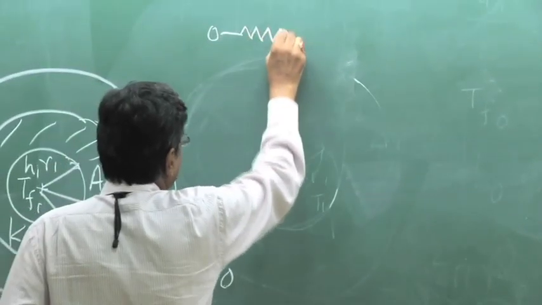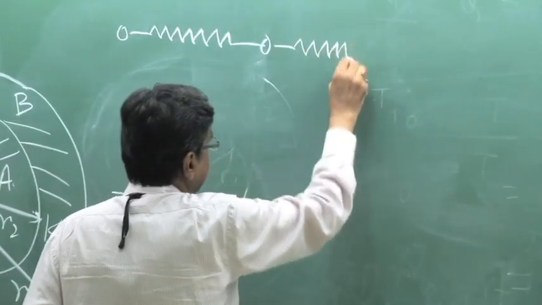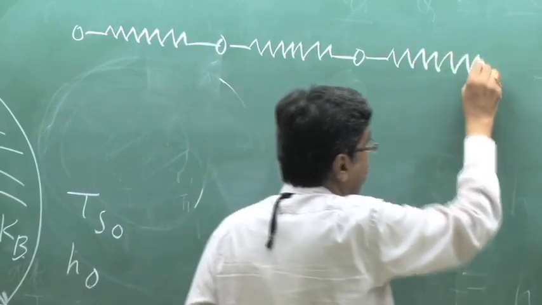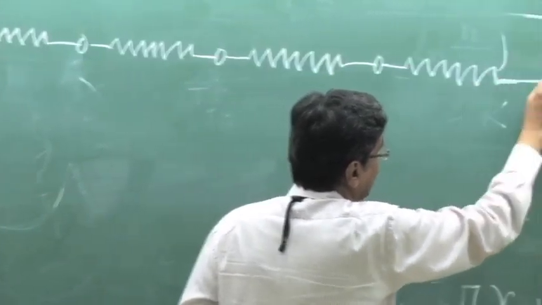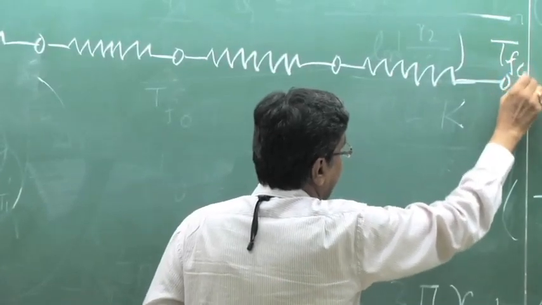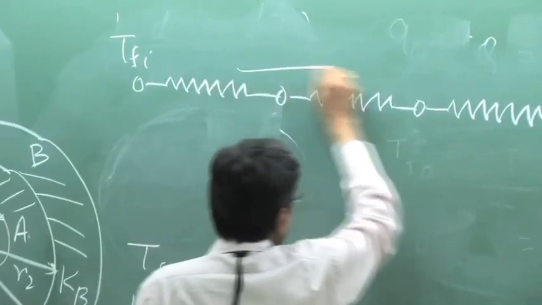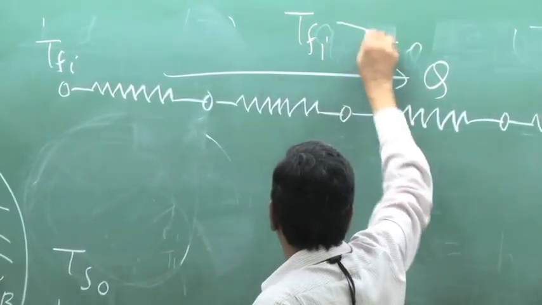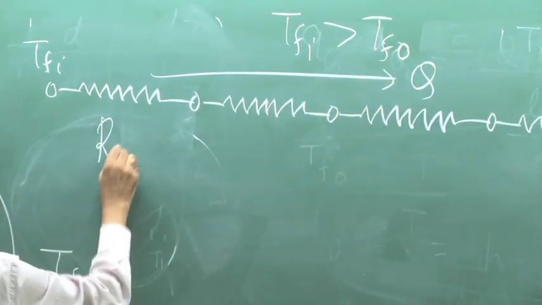One convective resistance, then two conduction resistances, and again a convective resistance. So these two terminals are the extreme potentials, TFI and TFO. Q flows like this, TFI is greater than TFO, and we get this convection.